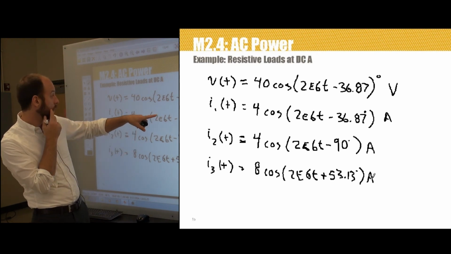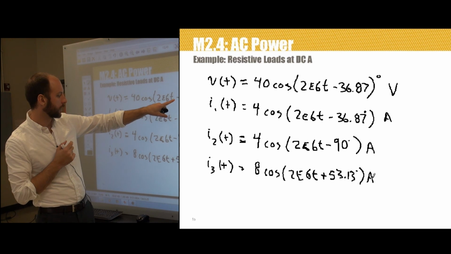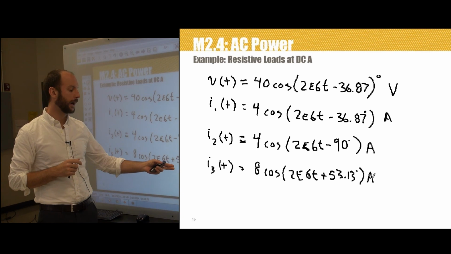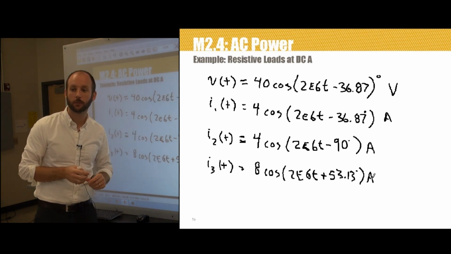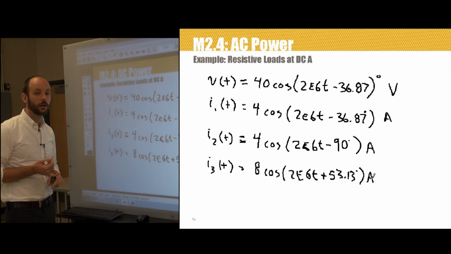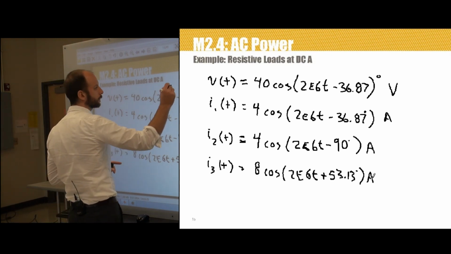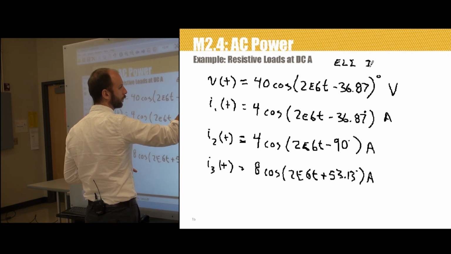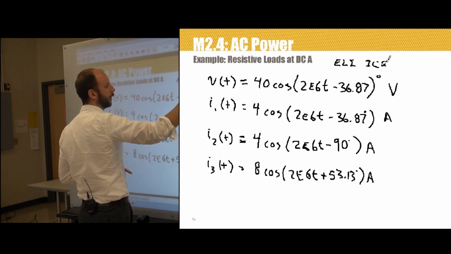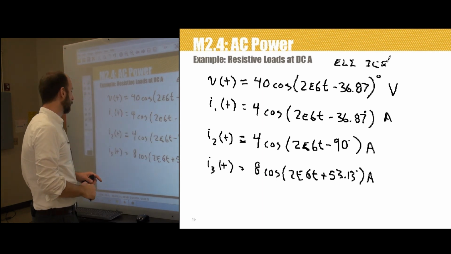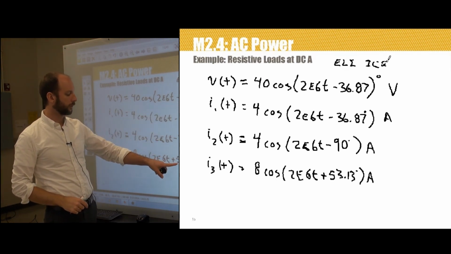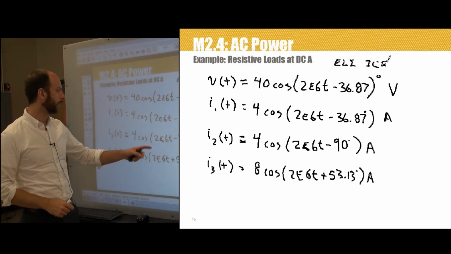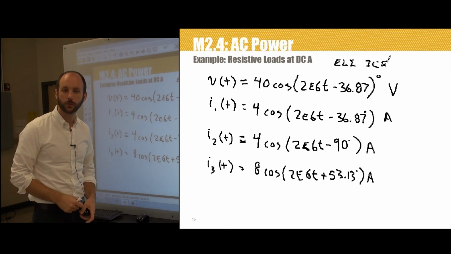It should be 90 degrees, yeah it is, it's 90 degrees out of phase with the voltage waveform, right? That's a capacitor. We know that the voltage and current in a purely capacitive circuit, remember ELI the ICEman, in a capacitive circuit, current leads voltage by 90 degrees. If I take 53.13, subtract 90, I get minus 36.87. So, remember the third branch was purely capacitive.